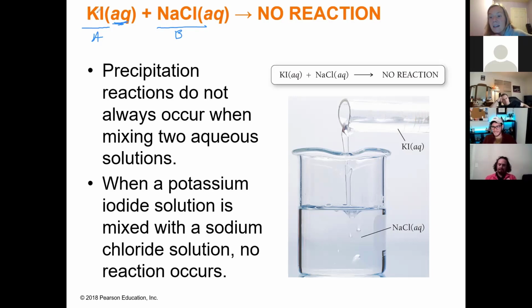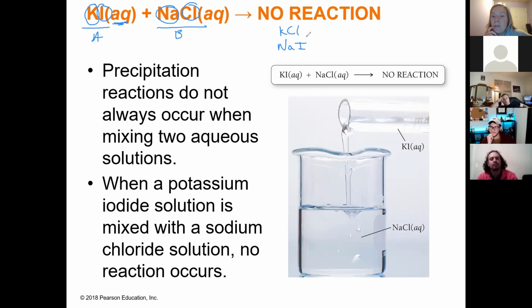So potassium and iodine don't want to get back together, and sodium and chlorine don't want to get back together. So they're going to swap partners pretty much. Potassium is going to take a look at chlorine and say, hey, why don't we see what happens? Okay, so KCl. And then sodium is going to get with iodine and say, hey, do we want to come together? So these are your potential products.